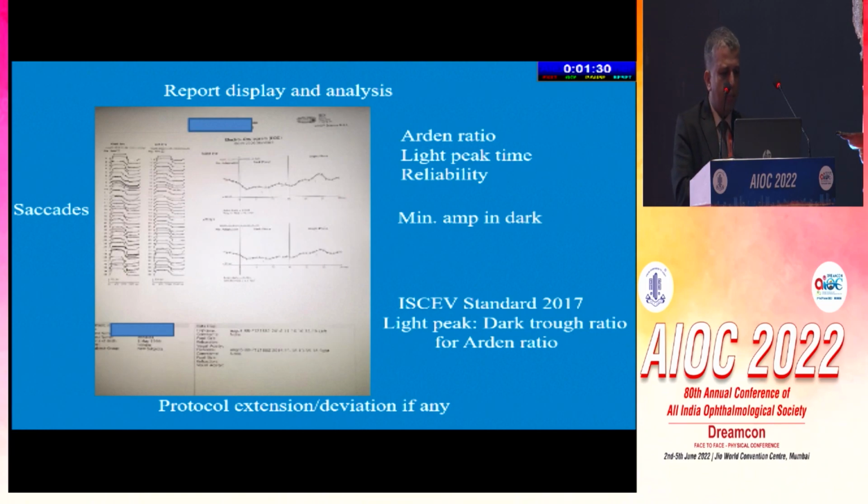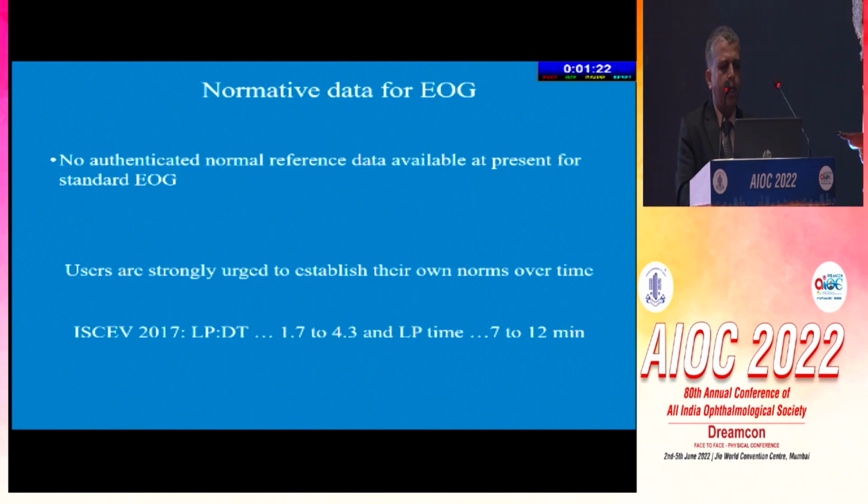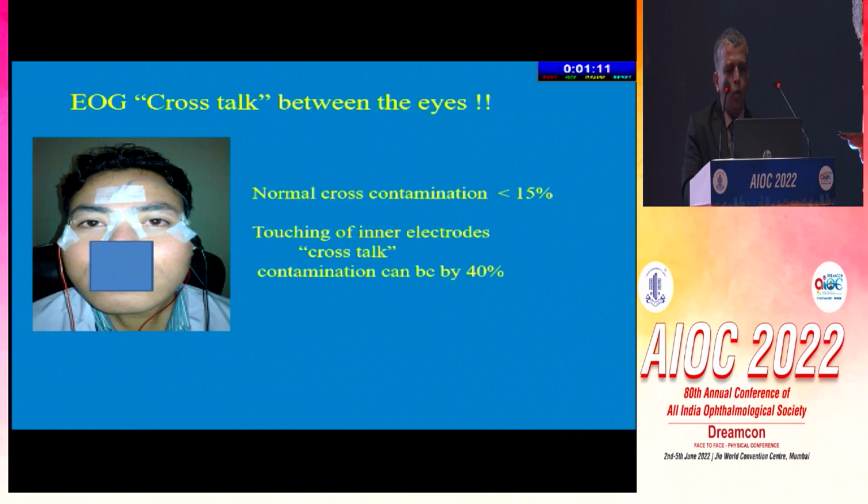So both the saccades, as well as the wave pattern, as well as the Arden ratio are important. The light peak to dark trough ratio, the replacement term for the Arden ratio as per the latest standard, should be around 1.7 to 4.3, and every lab needs to have their own reference value.